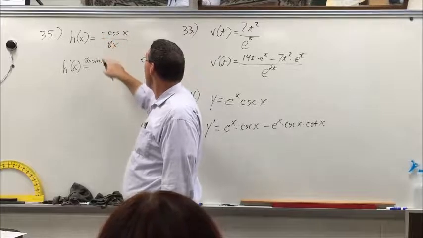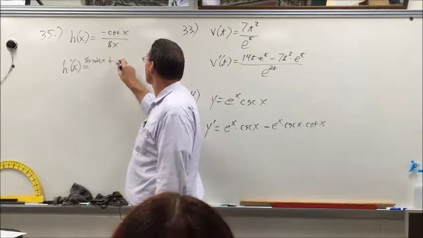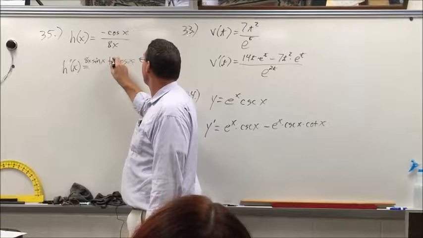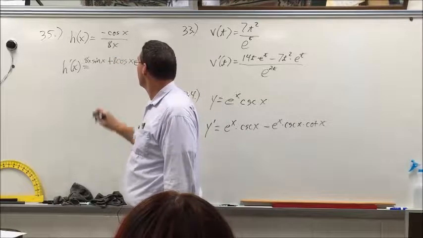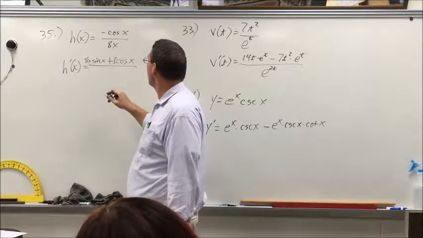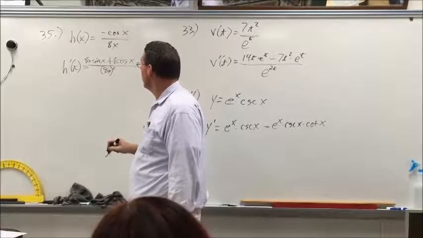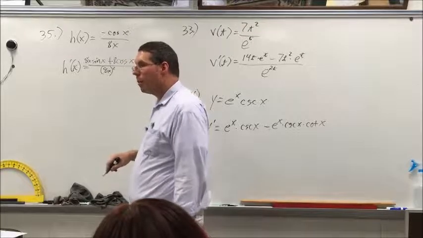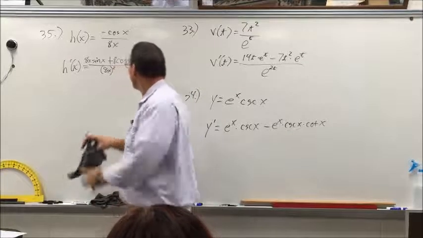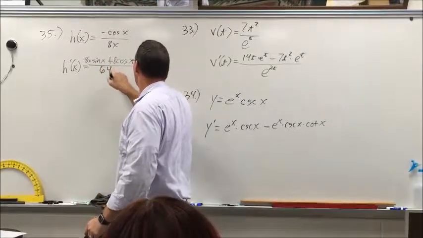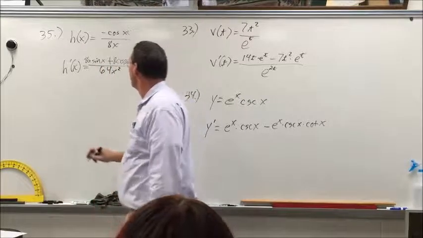So it's going to be plus, because minus negative cosine is plus cosine times 8, the derivative of the bottom. I'm going to throw that up front there. I know I'm squeezing a lot of stuff in. Over 8x quantity squared, which is the same thing as 64x squared.